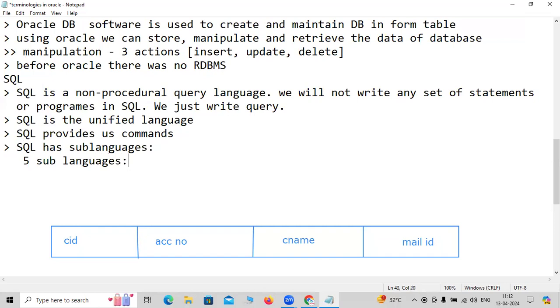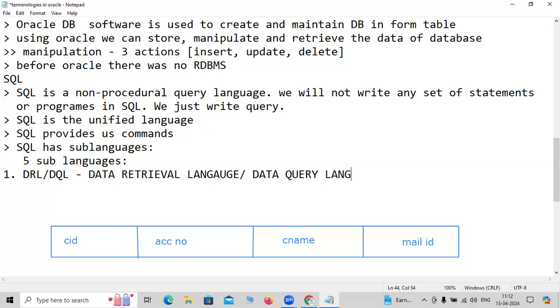We have DRL or DQL, which is also called data retrieval language, or we also call it data query language.